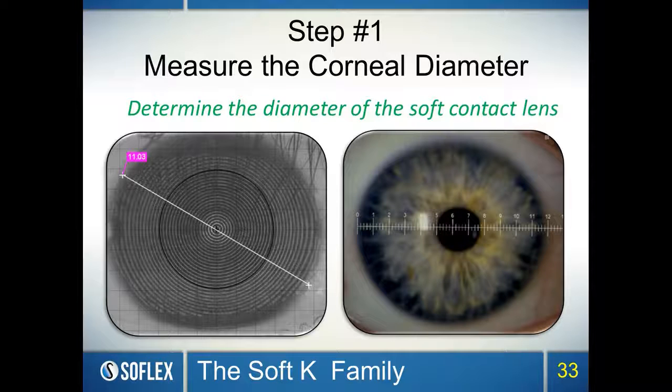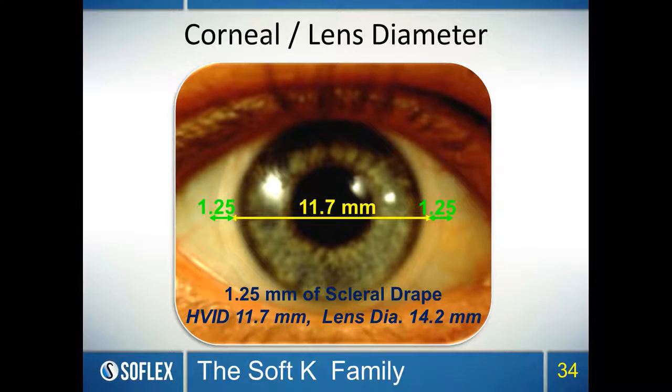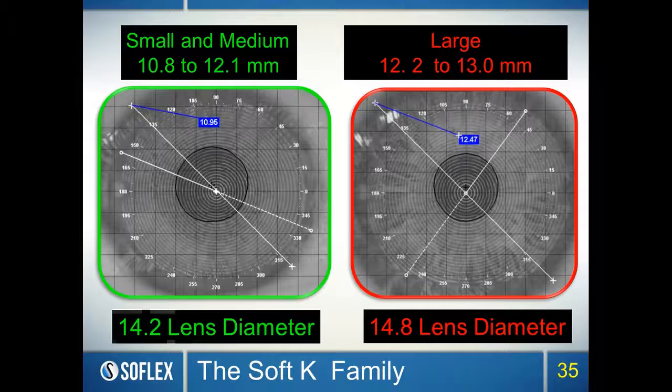Step 1 is to measure the corneal diameter. The corneal lens diameter is the corneal diameter plus about 1.25 millimeter. Small and medium corneas are between 10.8 to 12.1 and large corneas are 12.2 to 13 millimeter.